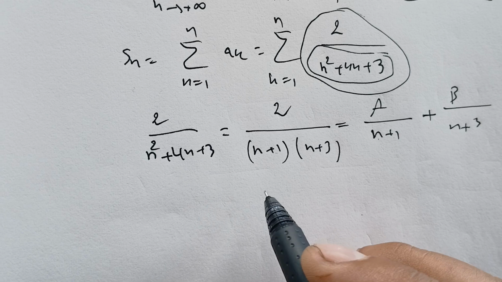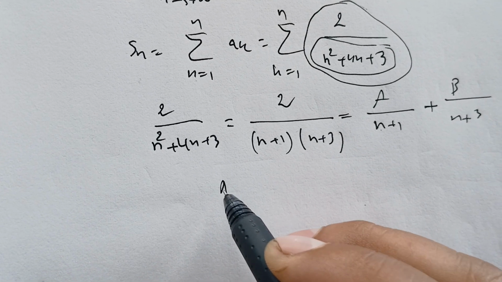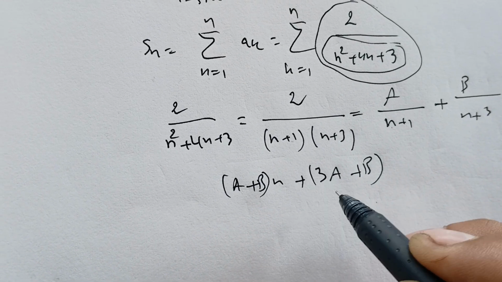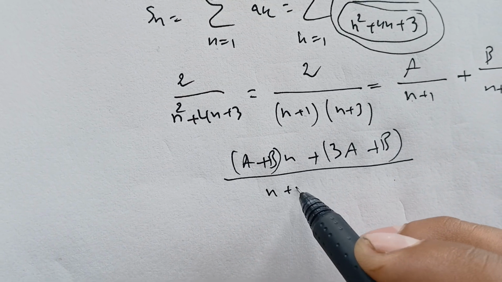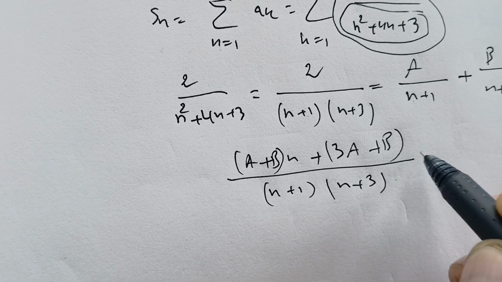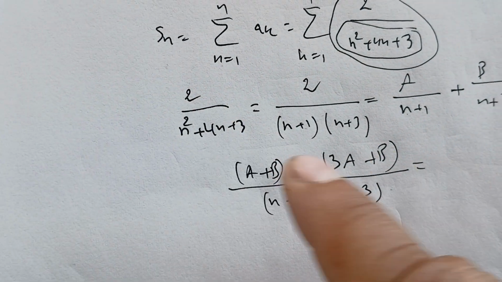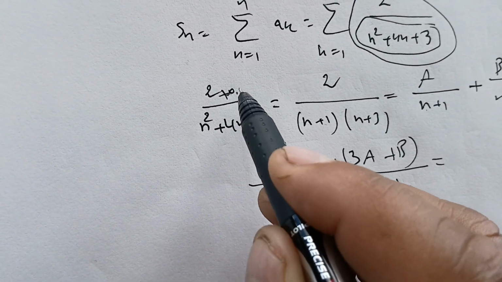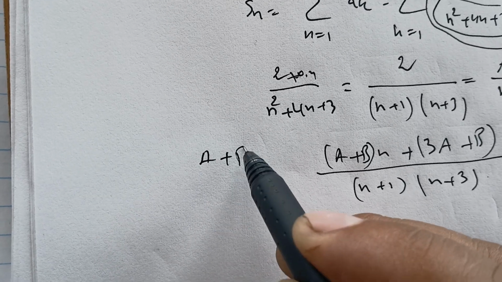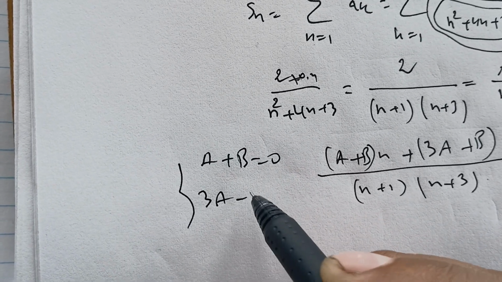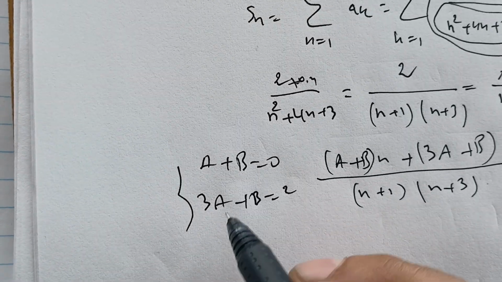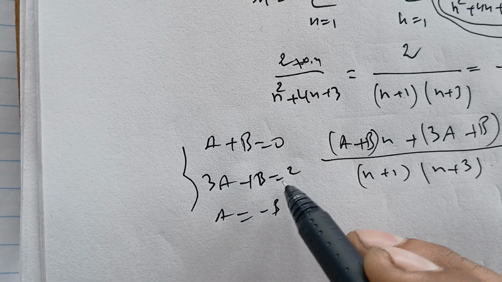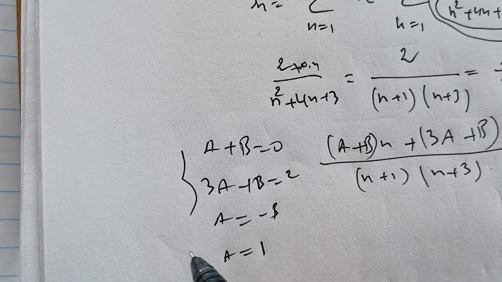If we cross multiply, we get A plus B times k plus 3A plus B, over k plus 1 times k plus 3, and we equate this with the numerator 2. So A plus B is 0, because there is no k term in here, there is 0 times k. So we have A plus B is 0, and 3A plus B is 2. That means A is minus B from the first equation, and we plug here, we get 2A is 2, that means A is 1, and B is minus 1.